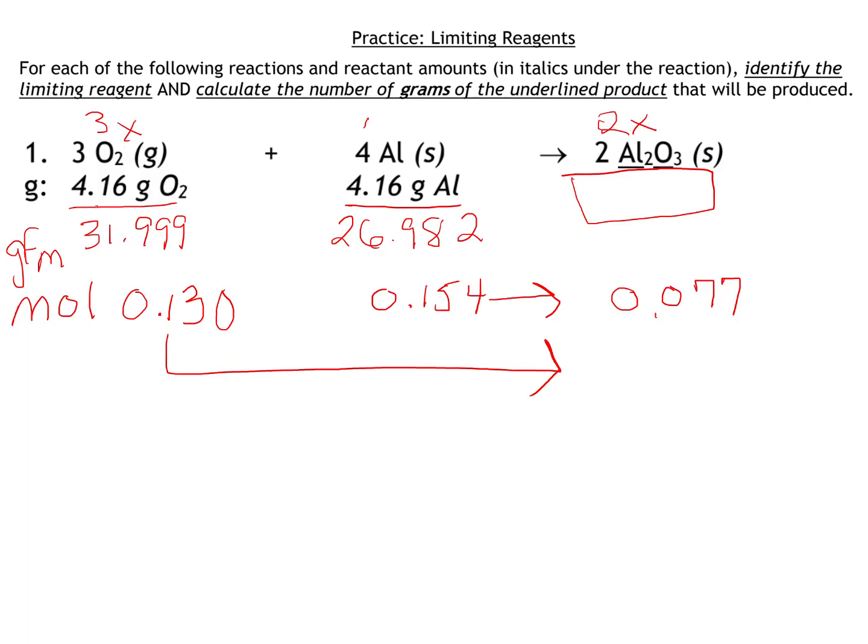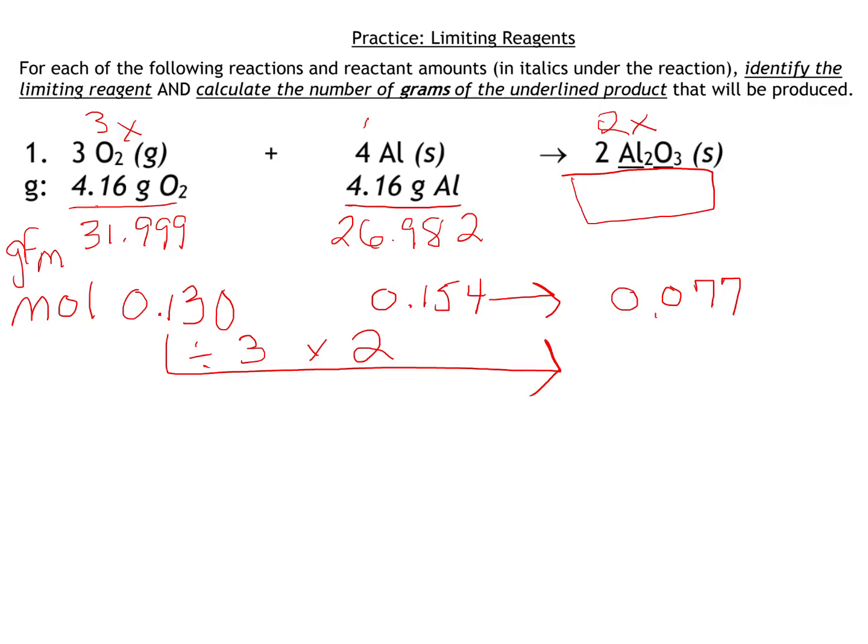So the first thing we want to do is find out what 1x, so one equivalent, would be. So we're going to divide by 3. And then that gives us what one equivalent is, or 1x. So therefore, we're going to multiply by 2 so that we can get the appropriate number of moles for aluminum oxide.